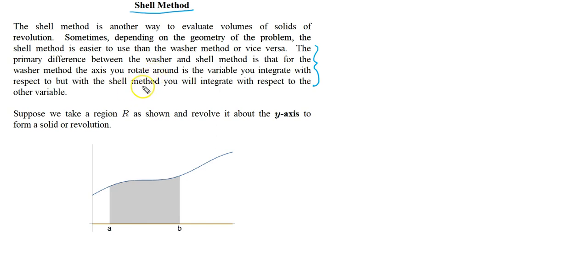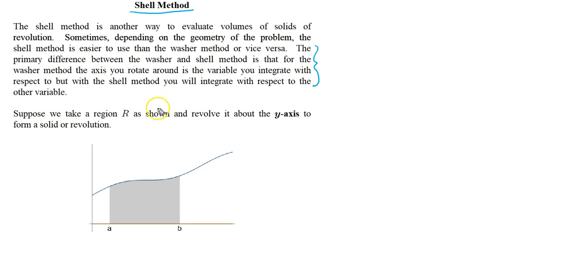The shell method is the opposite of that. For the shell method, you integrate with respect to the other variable. So if you're rotating around the x-axis, you integrate with respect to y. Or if you rotate around the y-axis, you integrate with respect to x. We'll see how that works out when we develop the shell method.